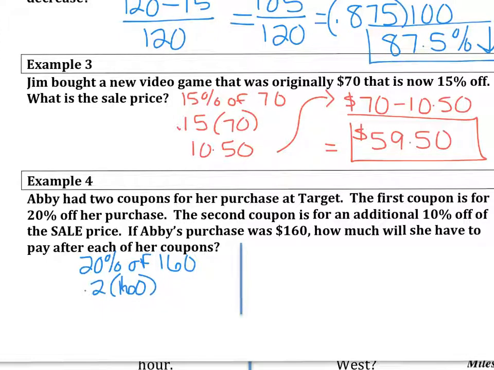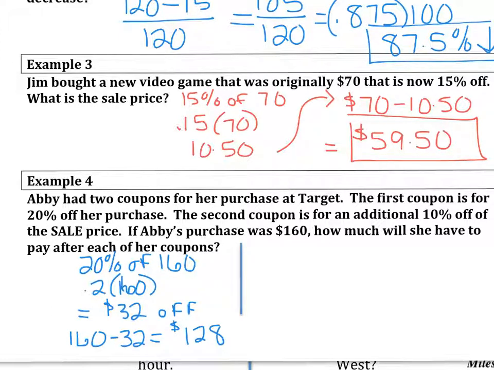And we would end up getting $32. So that means that this is $32 off. So her first sale price, we would have to take the original 160, subtract 32, and we would get an initial sale price of $128.